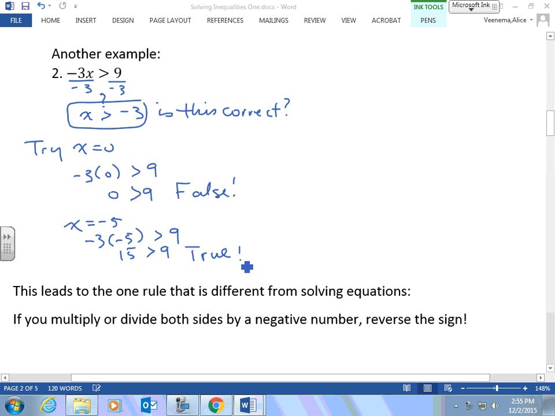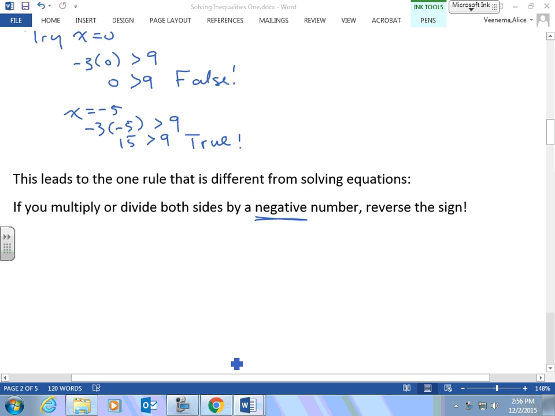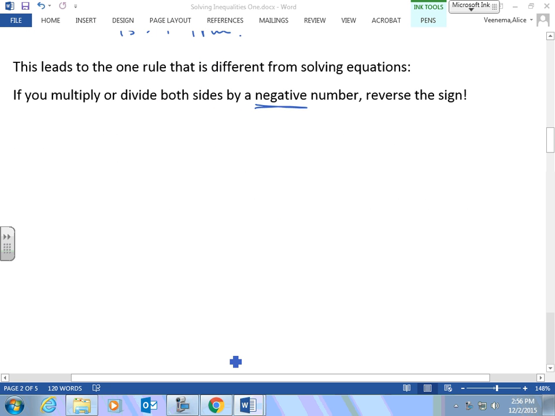Okay, so we need to do something different here. And this is the one rule that's different from solving equations. If you multiply or divide both sides of the inequality by a negative number, you need to reverse the sign. So in this case above, we actually have to give the answer as x is less than -3.